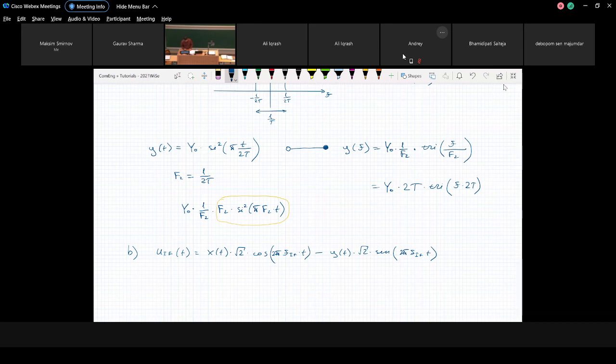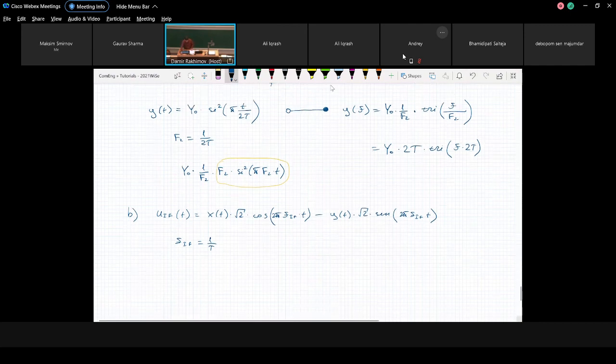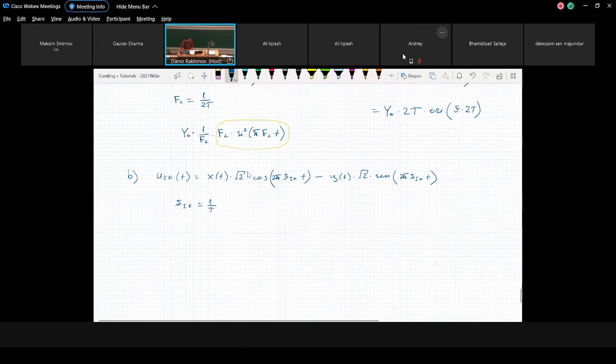And we know the value of the intermediate frequency. And now we need to plot this in the frequency domain. How can we do this? All the same as what we did before.